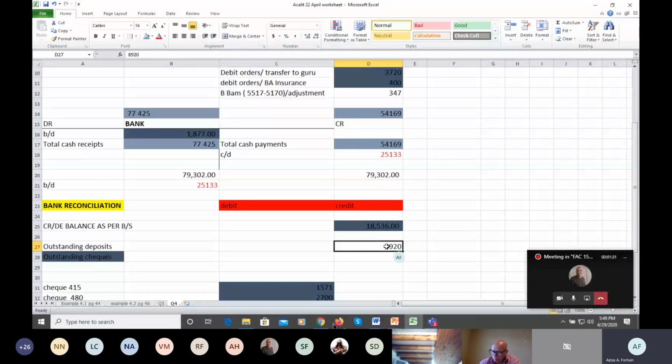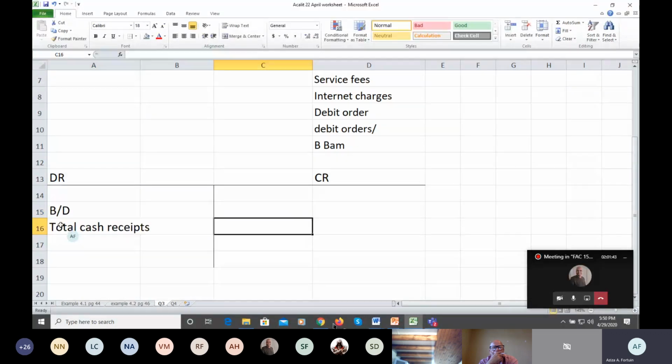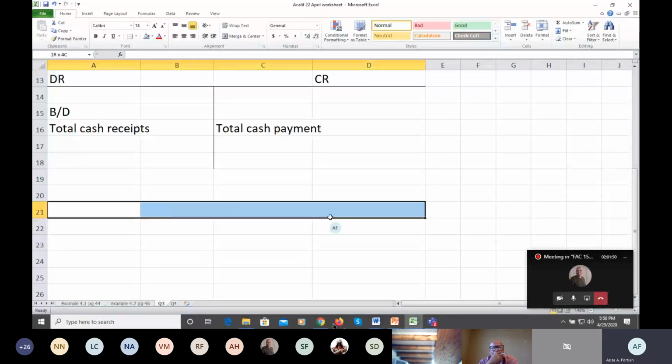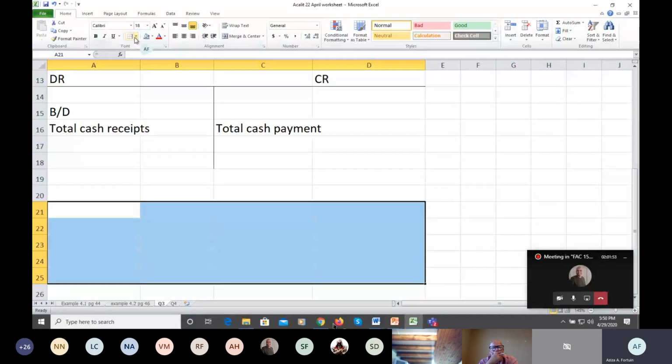Okay, so here in my bank account, you're going to put something like balance brought down, and you're going to have something here like total cash receipts and total cash payments. Okay, and then we're going to do our bank recon. Put debit on the one side and credit on the other side. So we're going to write here balance as per bank statement.